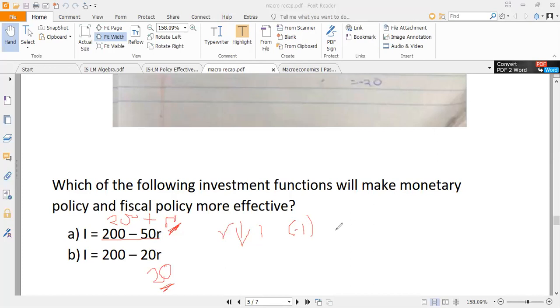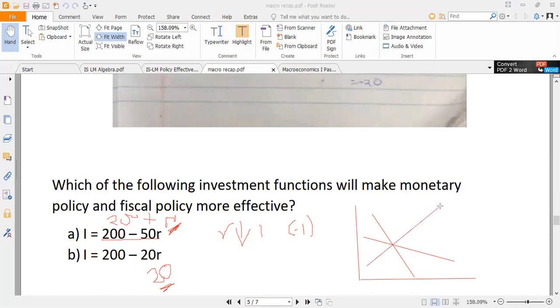Thank you. All right. So if you want to use the diagrams, you need to know that if the investment function is less sensitive, like the second one, it makes the IS curve steeper. So this is for the second one. Let's take this as the IS curve for the first investment function. The less sensitive the investment function, the steeper the IS curve.